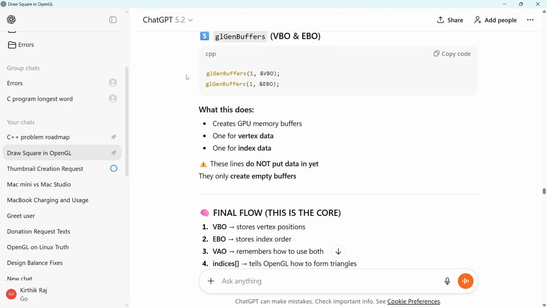Here are the two: one for VBO and one for EBO. What does it create? A GPU memory buffer, one for vertex data and one for index data.